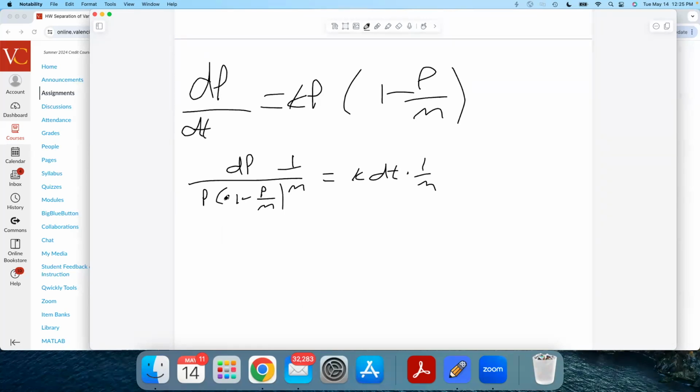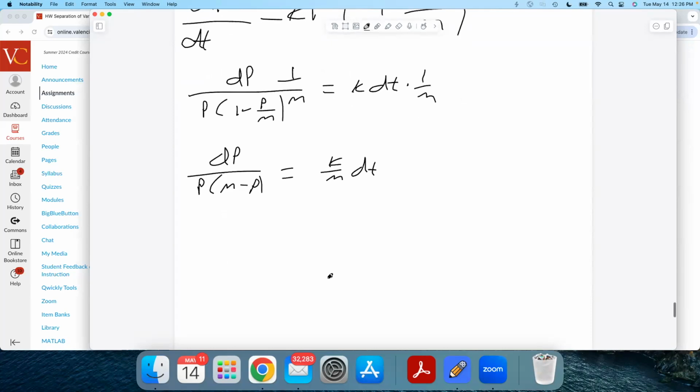So I'm going to distribute that in, and get that. And then on the other side, k over M dt. So I multiplied the bottoms of both sides by M and distributed here. It's not really necessary. I find I like the partial fraction decomposition a little better this way without having to deal with a fraction in here.